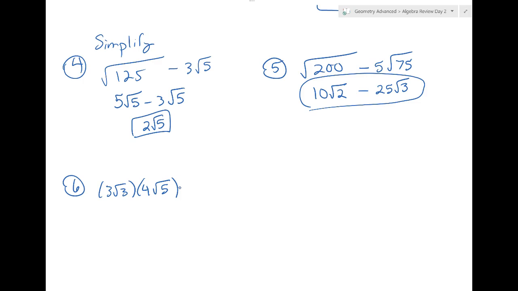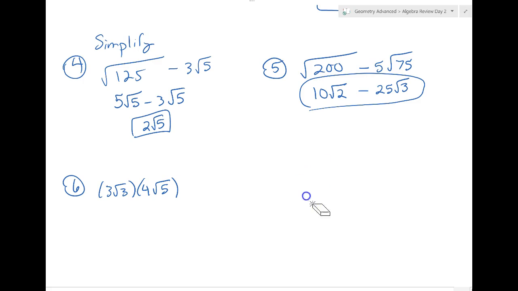Yeah. It's kind of like if you're multiplying variables together, right? So if I was multiplying something like 3x times 2y, what do we do first? We multiply the what? The 3 and the 2 together first.